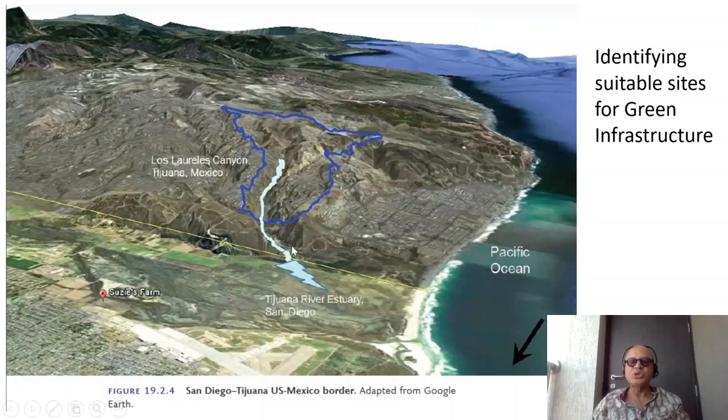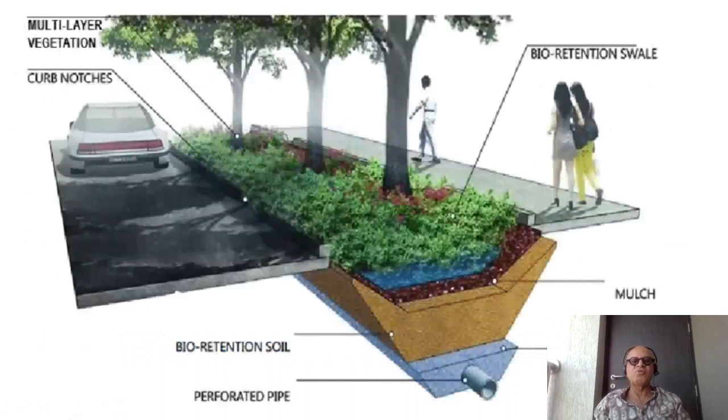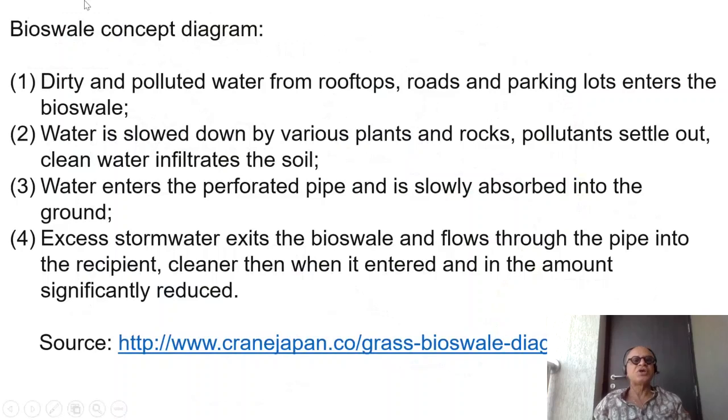There is a huge Navy base in San Diego as well. With that, the bioswale concept, the diagram we will look at here, is showing dirty and polluted water from rooftops. So it's a human natural system interaction from roads and parking lots entering the bioswale.